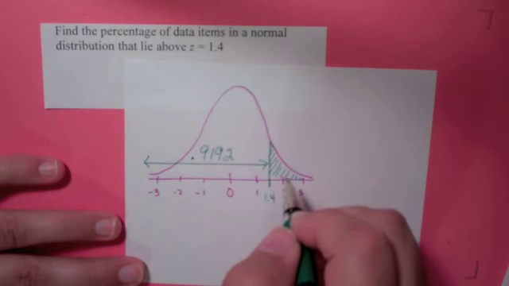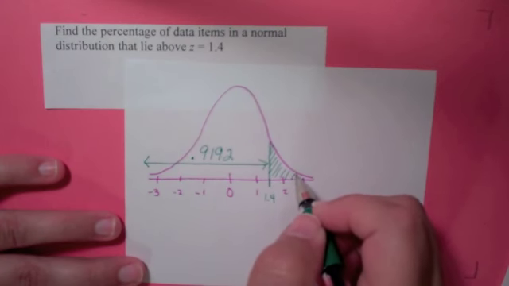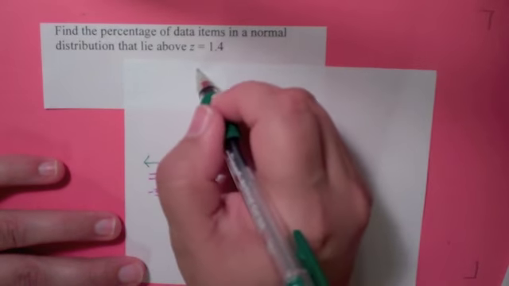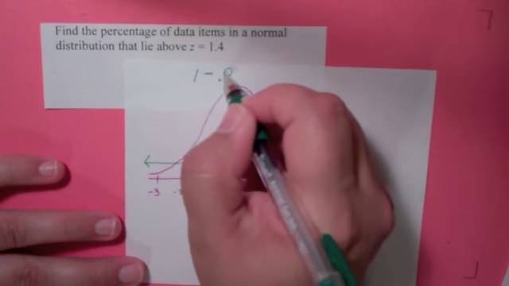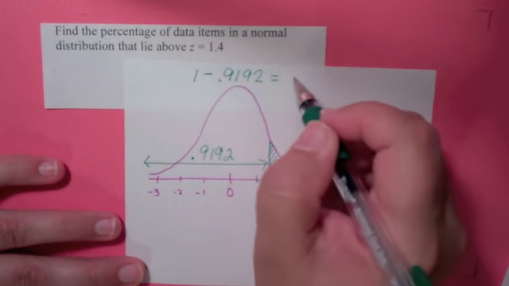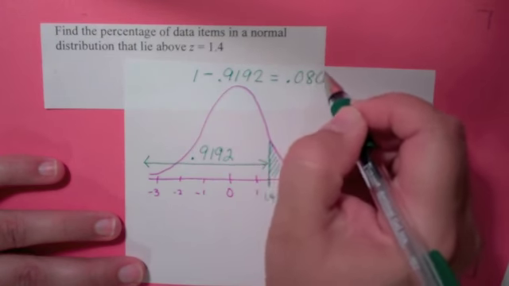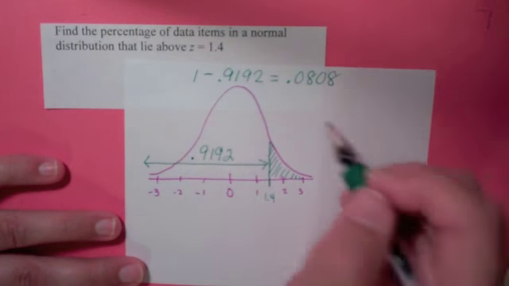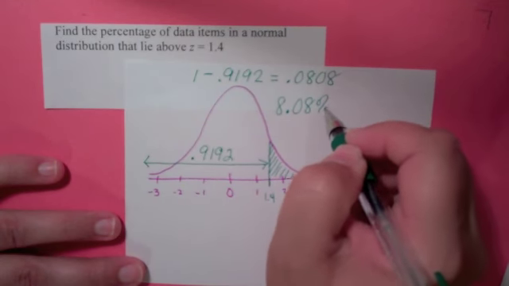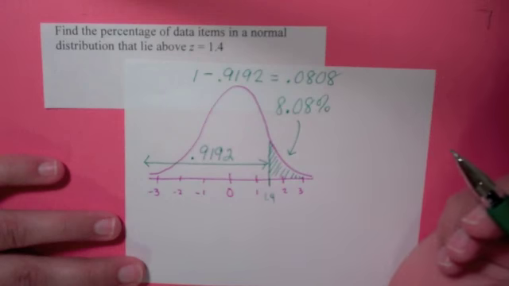So if I want to find out how much is over here, I just have to take 1 minus this part. So 1 minus 0.9192, which is 0.0808. And that in percent is 8.08%, which is left for that part.